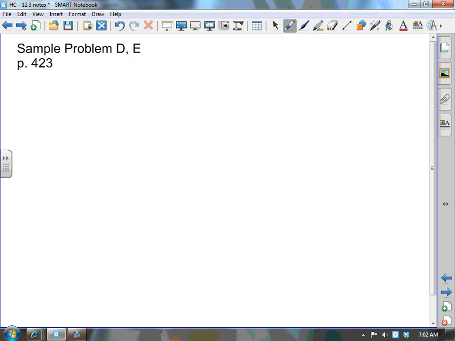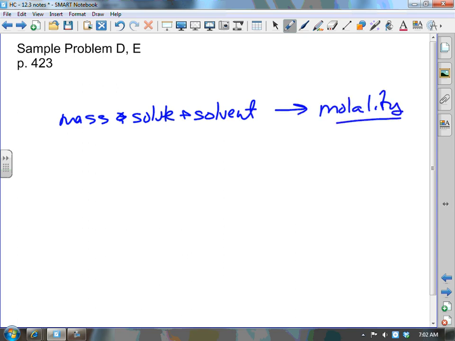So page 423, you got sample problems D and E. What you have there on 423, you're given a mass of solute and solvent, and you're asked to find molality.